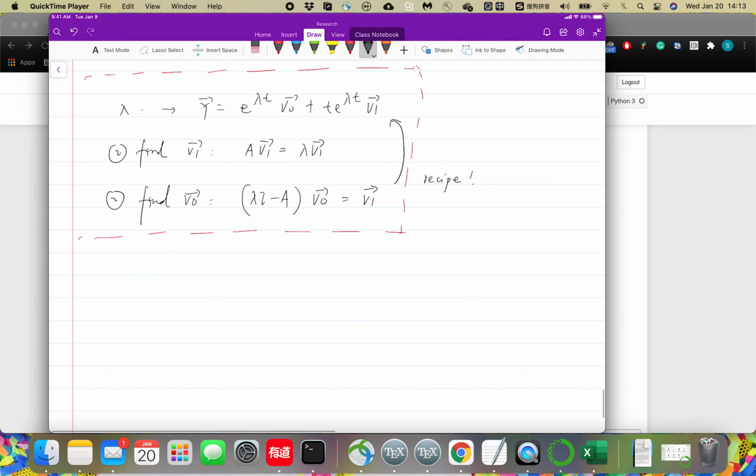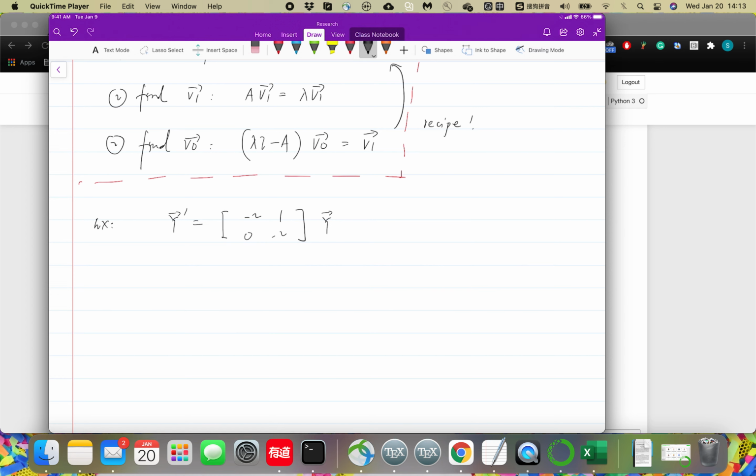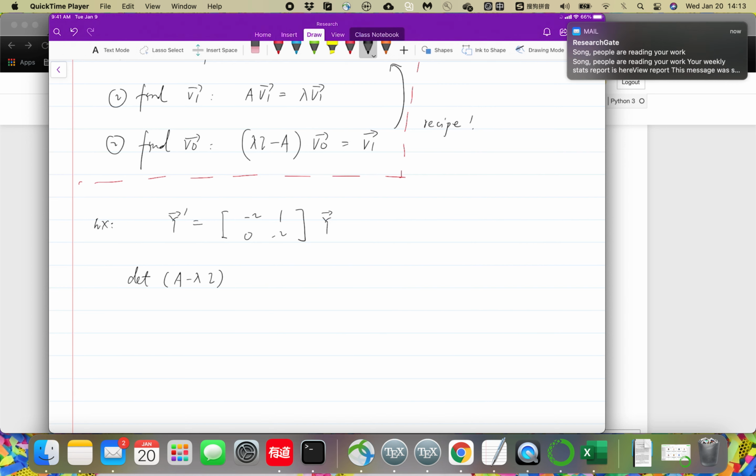Let's finish the problem. Now, we started from y prime equals the matrix with entries -2, 0, and 1, times y. First job, try to find lambda. We already have this one at the beginning, so I will skip some steps.